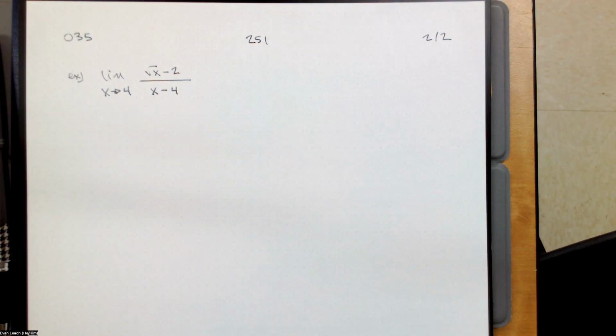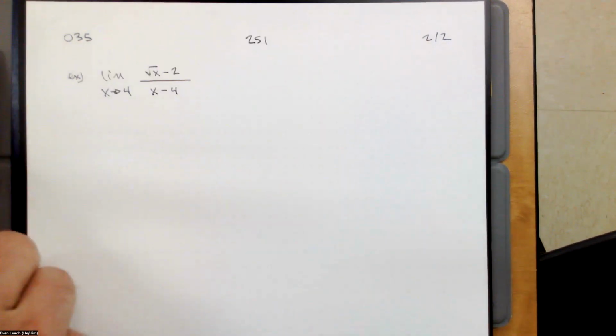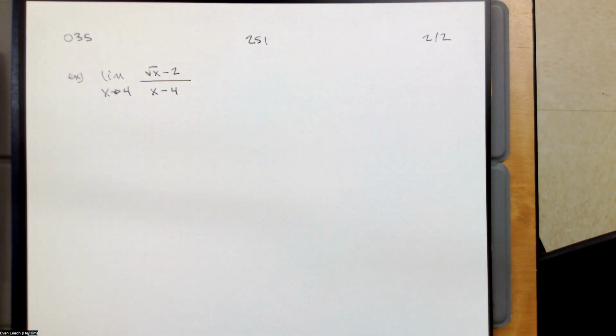This example is super contrived, but we have not always seen this. So I want us to have seen this at least once in your calculus career at this point, or in your mathematical career at this point. Notice I've written the square root of x minus 2 over x minus 4. The reason that I want to do this is that when we think about factoring polynomials, we always think about factoring over integers, and we also think about factoring into other polynomials.